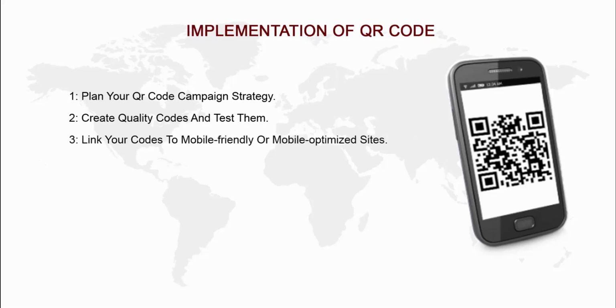The third and important feature is that you need to link your code to mobile-friendly or mobile-optimized sites. It means that when you're preparing a QR code strategy, you need to consider your mobile devices which are WAP enabled. You also need to track your scans with a code management system.